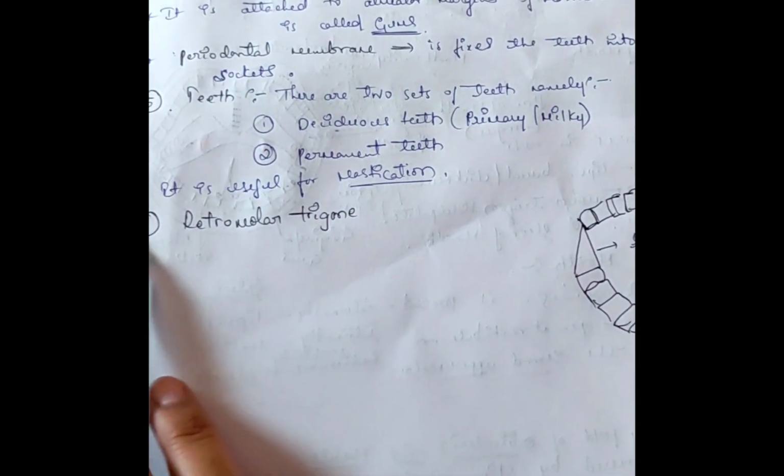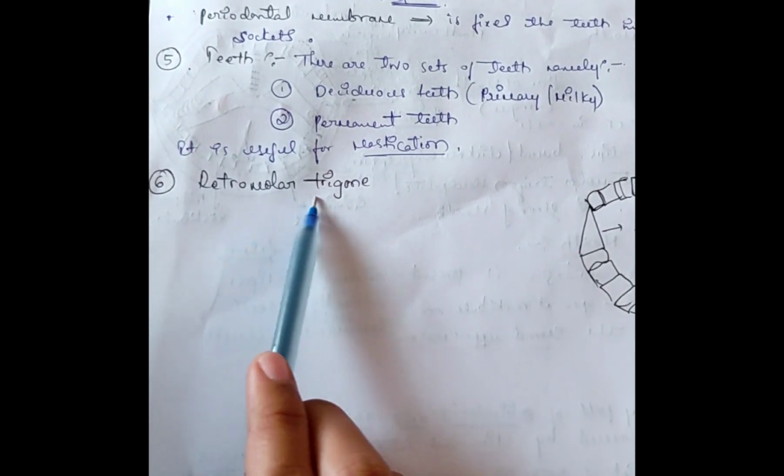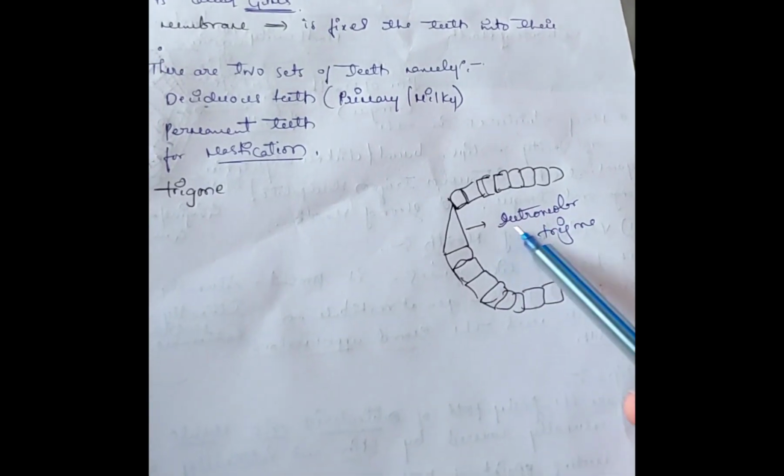The next point, the sixth point, is the retromolar trigone. Here we can see the retromolar trigone in the diagram.